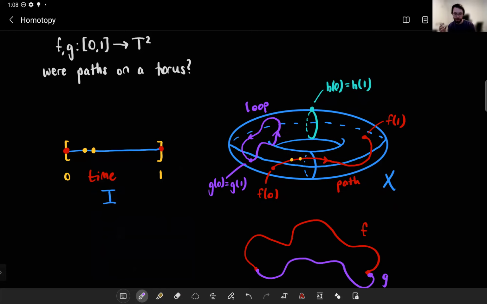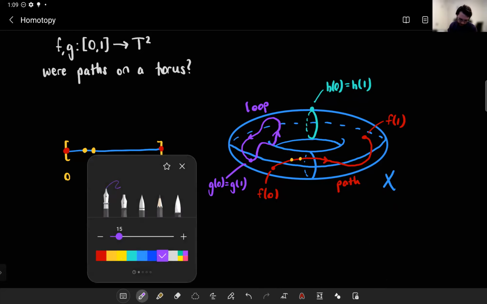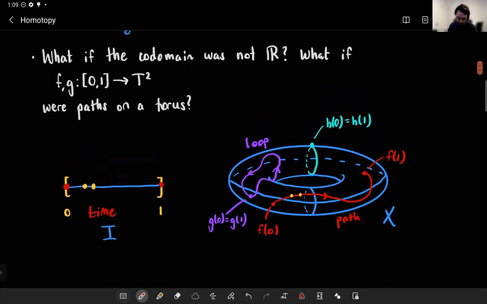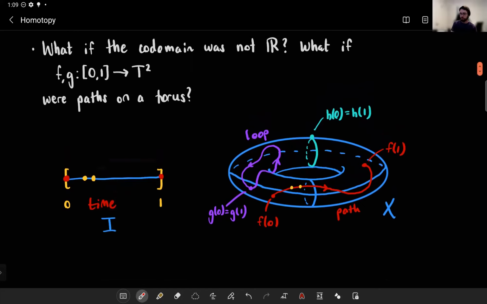And G has the same starting point and the same ending point. That just makes it tidier to work with, and it does basically everything we would want the more general case to do. So we're going to talk about paths like that and how to deform one path into the other, assuming their endpoints are the same. So a little less general than this picture, but much nicer to work with.